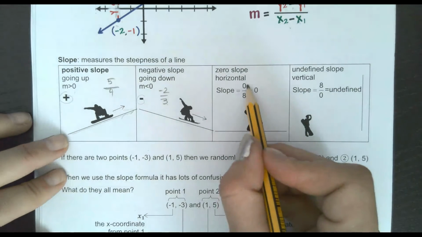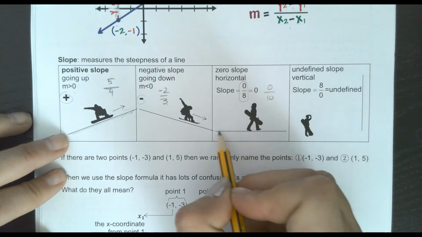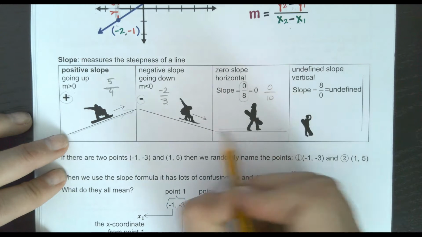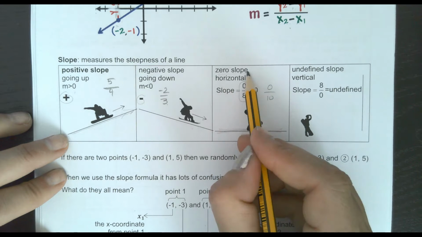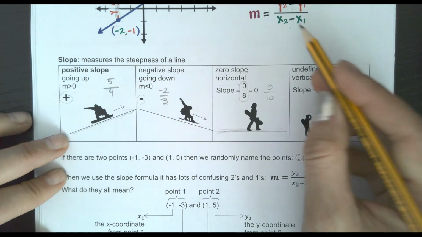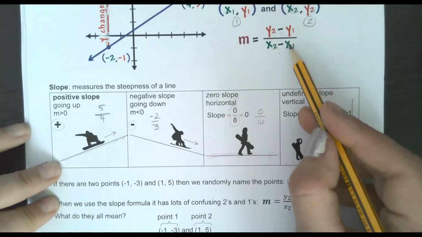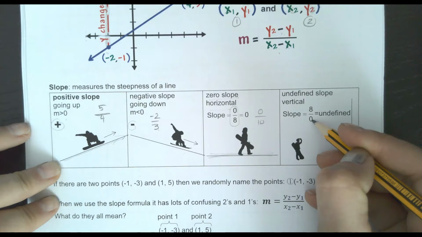If I have 0/8 or 0/10 or just 0, that means there is no slope. It's flat ground, and it's easy to walk on. That's called a zero slope. It's horizontal. Now, if I do my math and I find my slope and it's a 0 on the bottom, that means it's undefined.